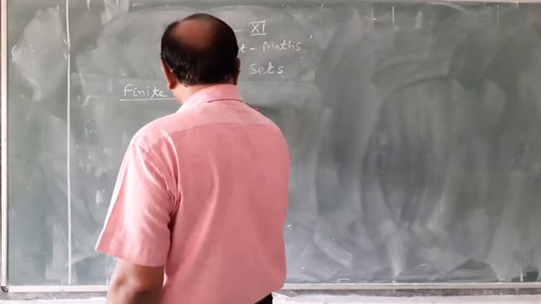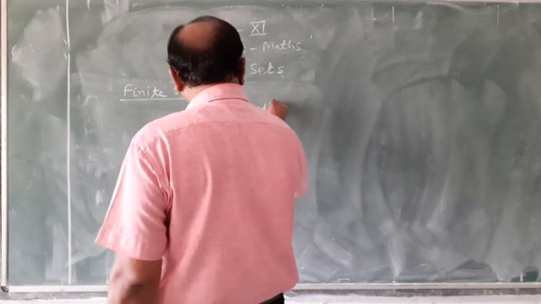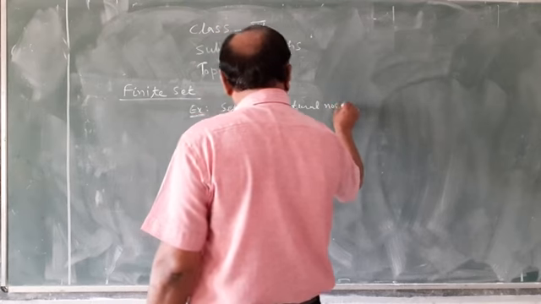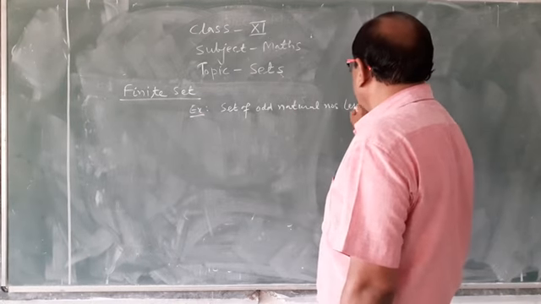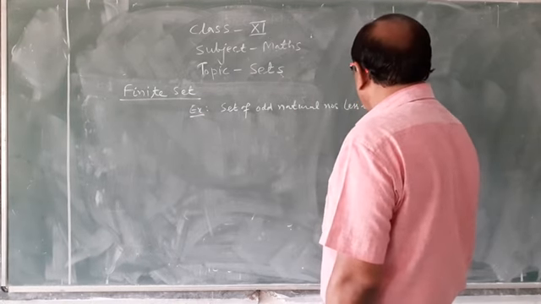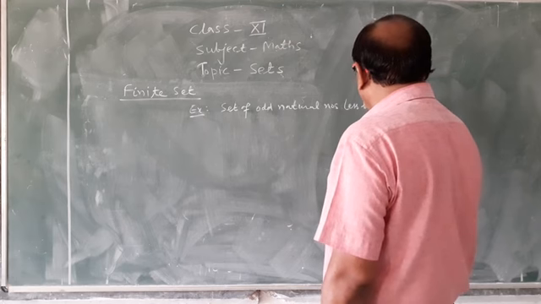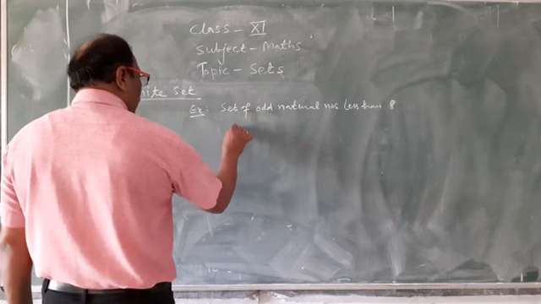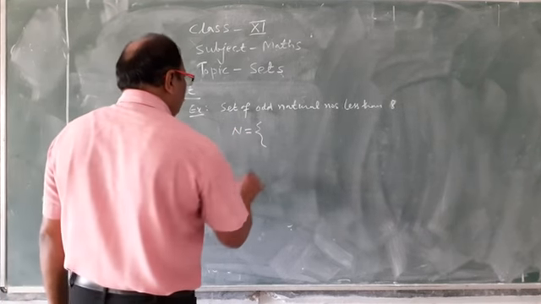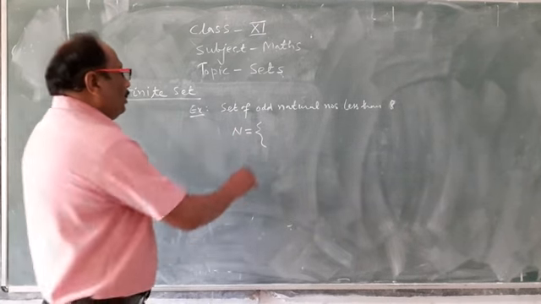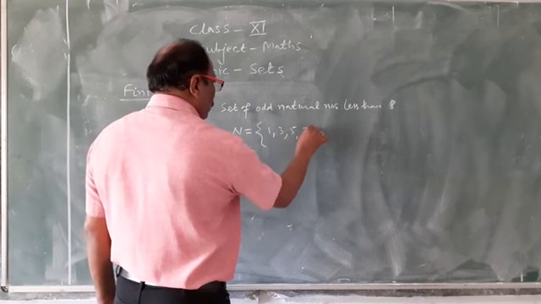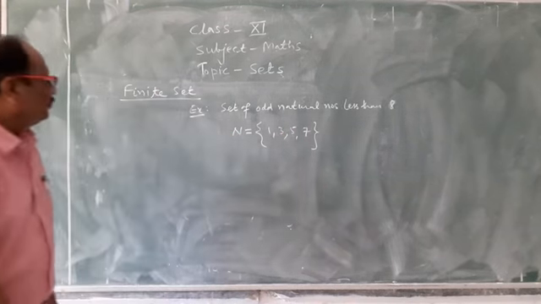Set of odd natural numbers less than 8: n is equal to odd natural numbers, means 1, 3, 5, 7 like this.